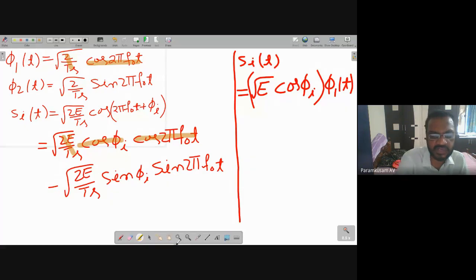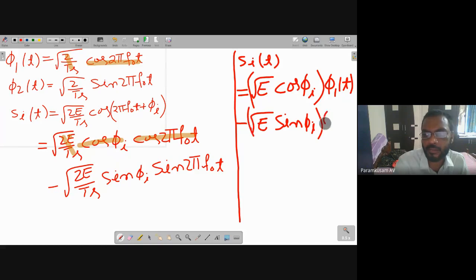Next equation ఎలా రాయొచ్చు? Next term minus root E sin φi φ2(t). Okay, so this is the expression of M-ary PSK.